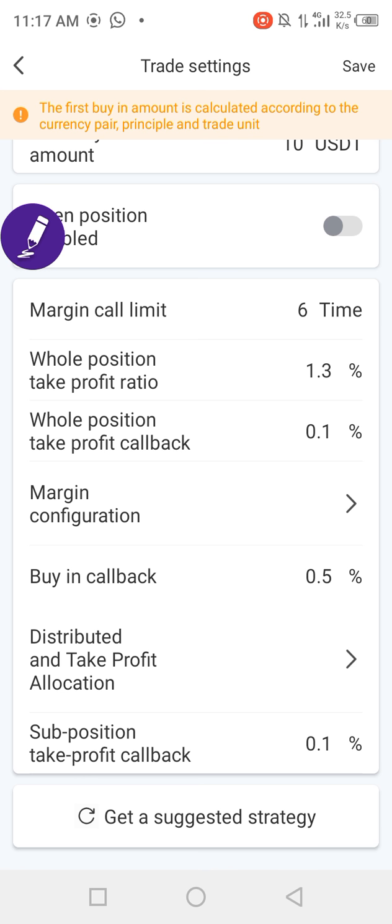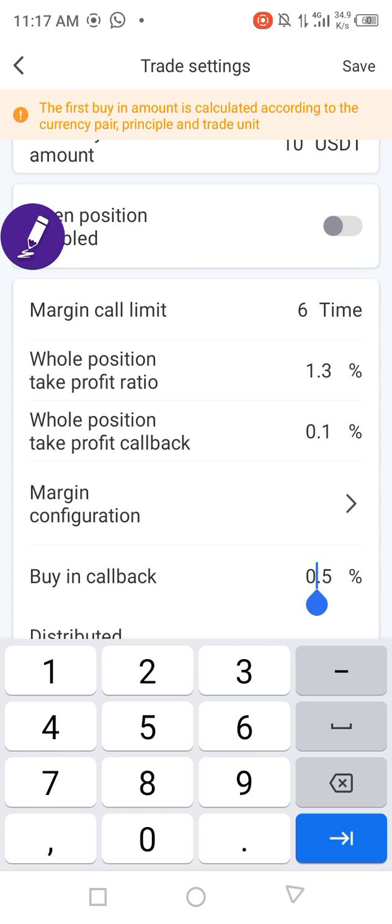Then buy-in callback 0.5 is okay. Sometimes we can reduce it if you want it to buy faster. You can reduce it to 0.2 or 0.1, but 0.2 to 0.5 is okay.